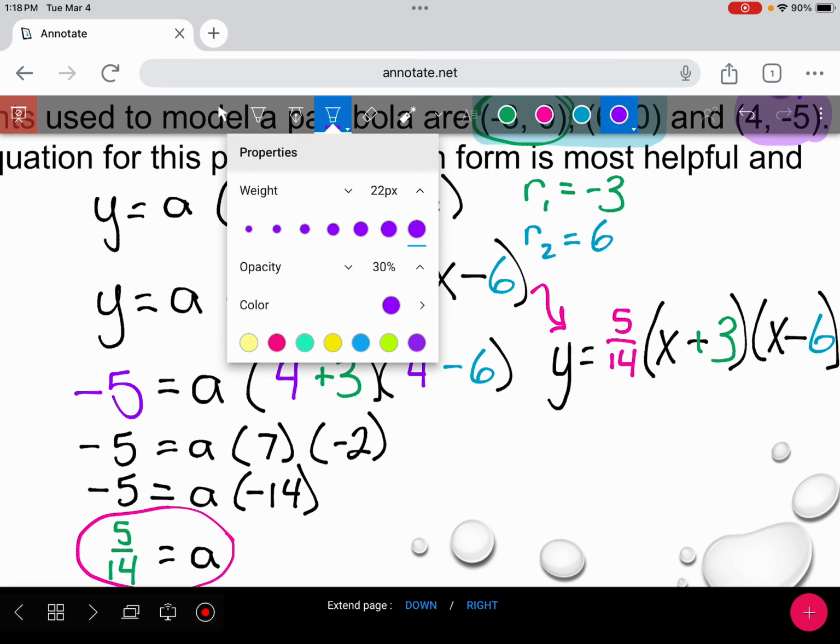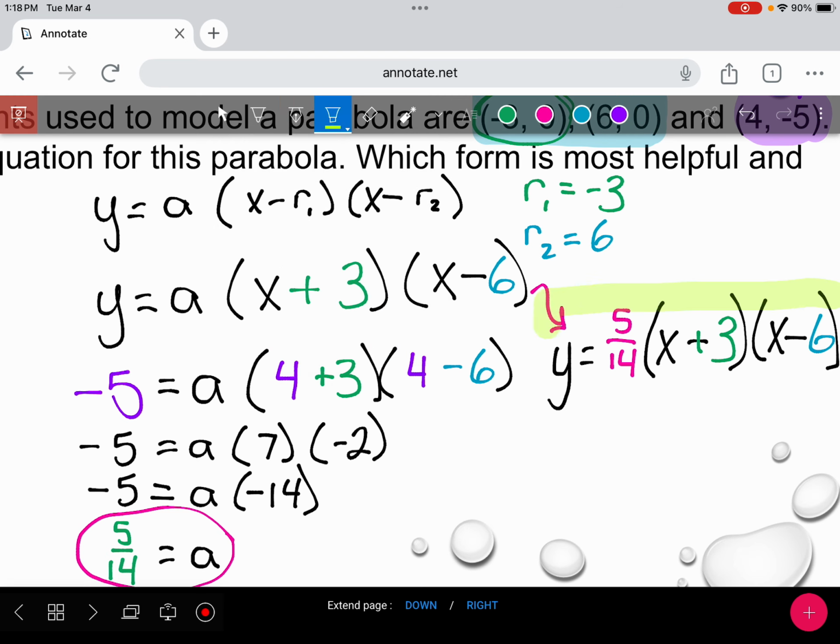And that is our equation for this. So if we're given 2 roots and another point, we can write an equation. We have to have 2 roots and another point to be able to figure out that a value. We can do it sometimes with just 1 point, but only if we have one very, very specific point.